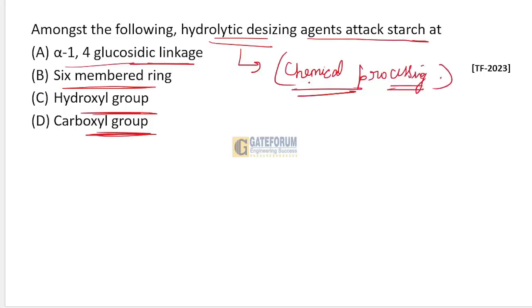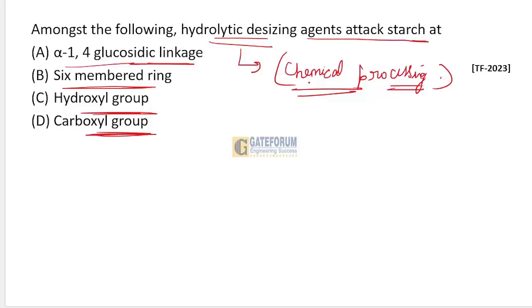So you need to know about the basics of these chemical processing questions before attempting all these questions, because every year in GATE these types of questions are asked. This is a desizing question, starting with singeing, desizing, mercerization, bleaching, then scouring and all these pre-treatment processes, and further dyeing, printing and finishing processes. This is the entire chemical processing segment.